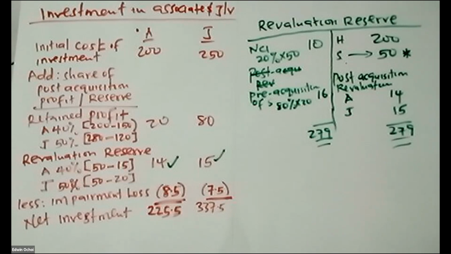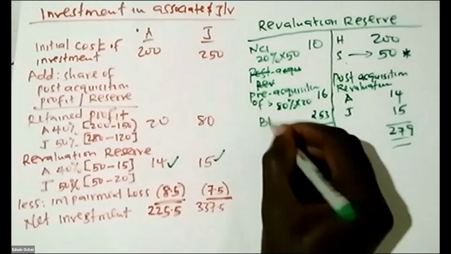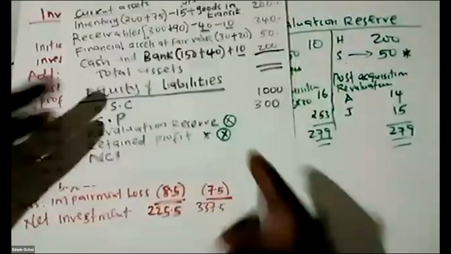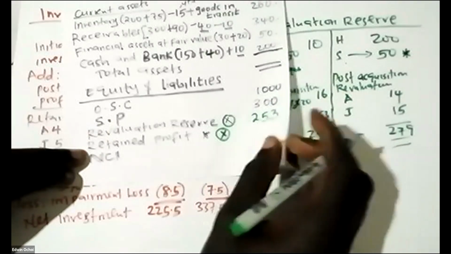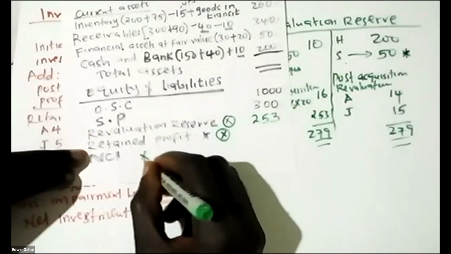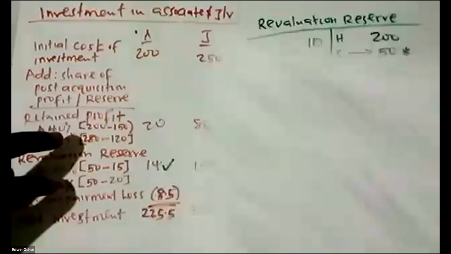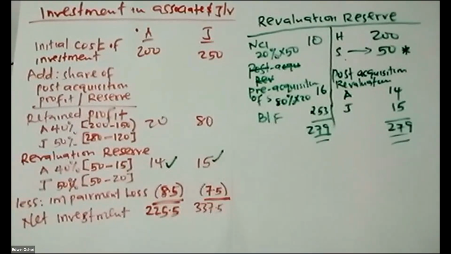I get 253. So these are about the balancing figure here. 253. And that is what you record here. Let us do the last two items. So we have NCI and retained earnings.